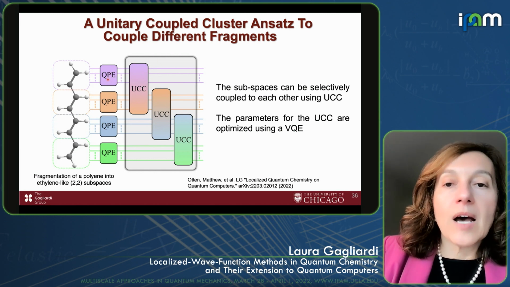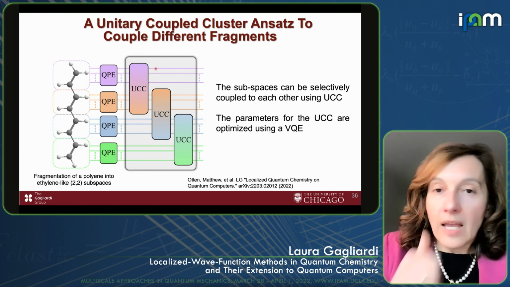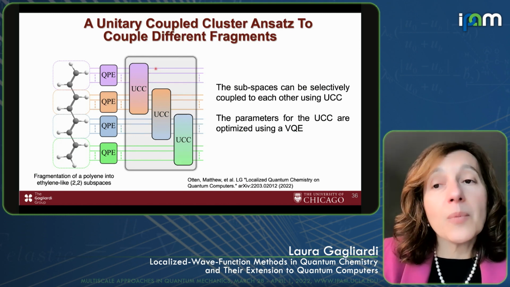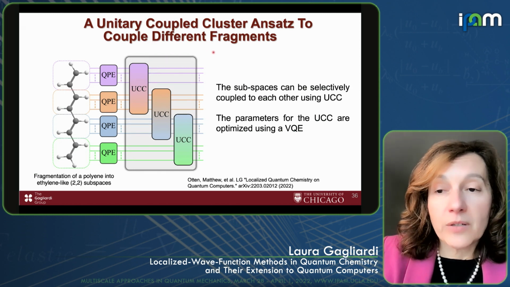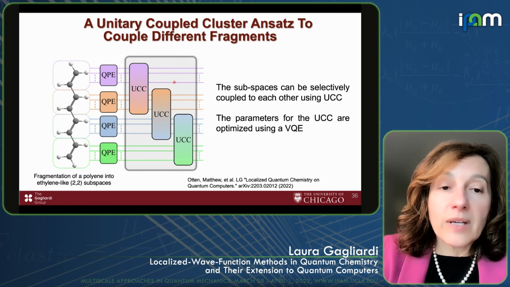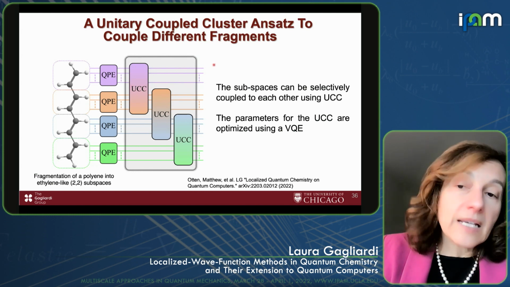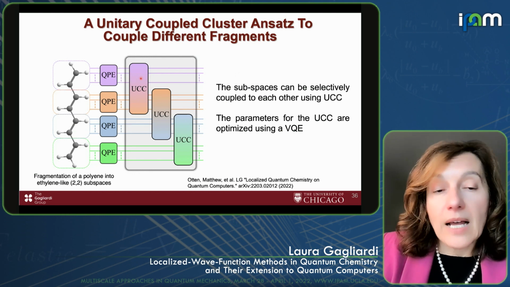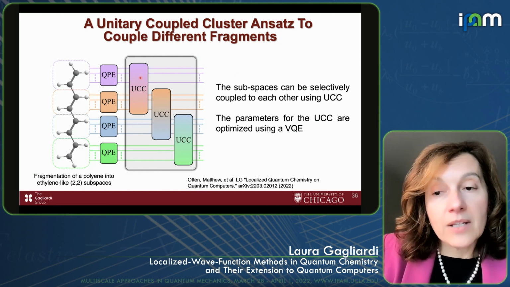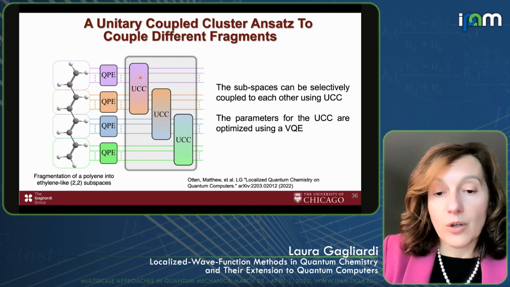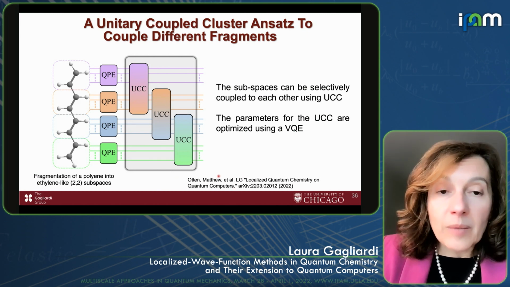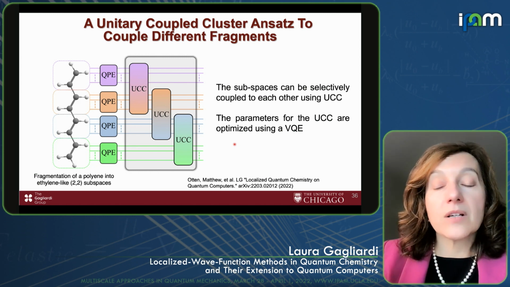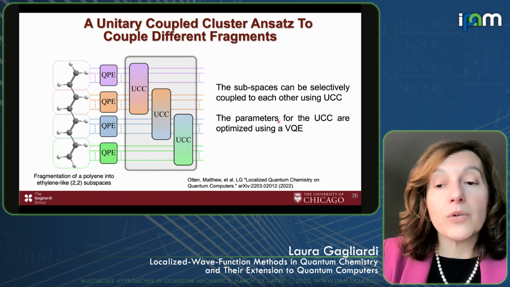But what if I want to couple different fragments? What we've been exploring is to use unitary coupled cluster to couple different fragments. So the subspaces can be selectively coupled to each other by using unitary coupled cluster, and in this first implementation that we have been following, the parameters for the unitary coupled cluster were optimized using VQE.